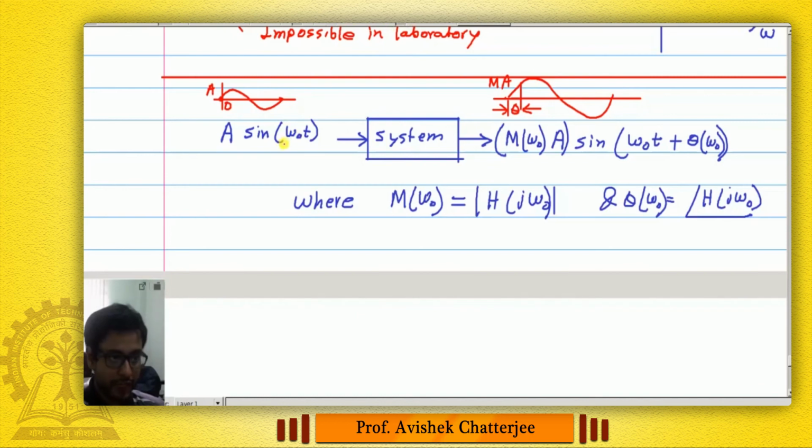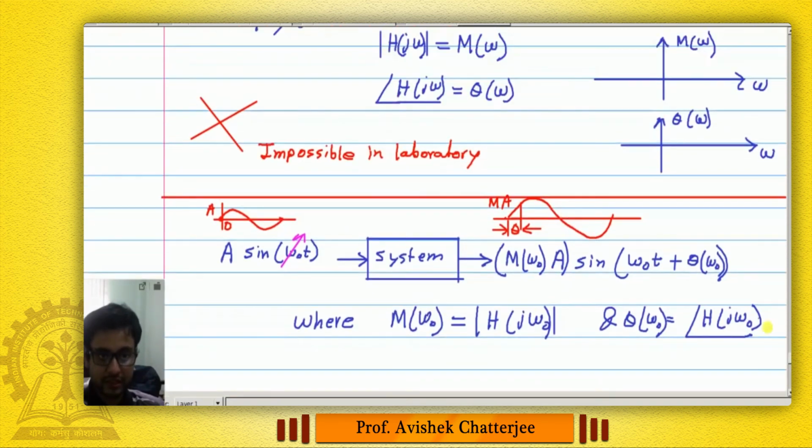You can vary omega naught, and then you can record the amplification, magnification and phase shift for different values of omega naught, and then you can plot it like this as a function of omega.